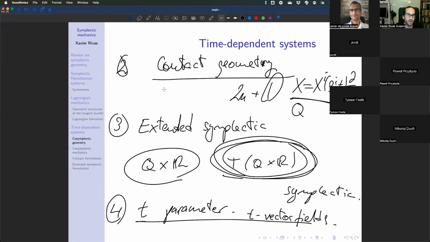So you obtain the same equations, but the underlying geometry is not the same. That's true. They don't need to be the same. There must be some way of relating both. But in general, there is no such way.